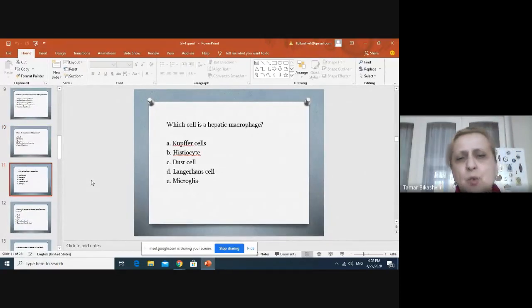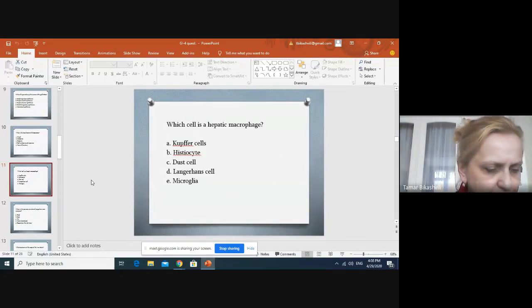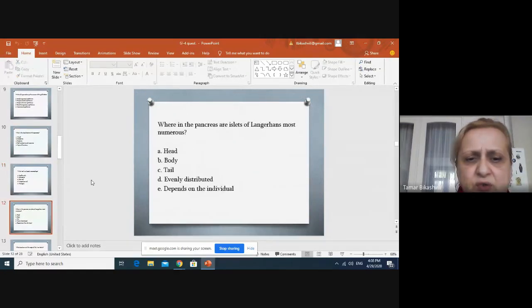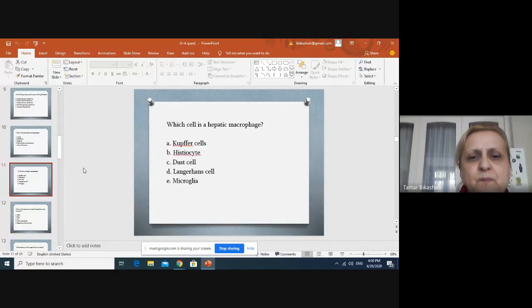Then, which cell is a hepatic macrophage? Kupffer cell, histiocyte, dust cell, Langerhans cells, or microglia?